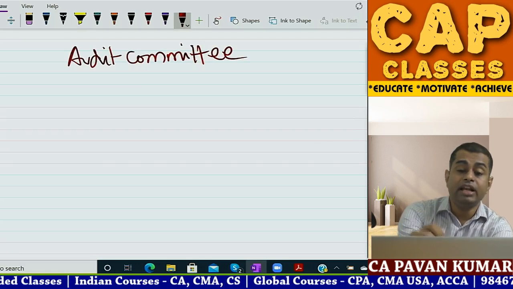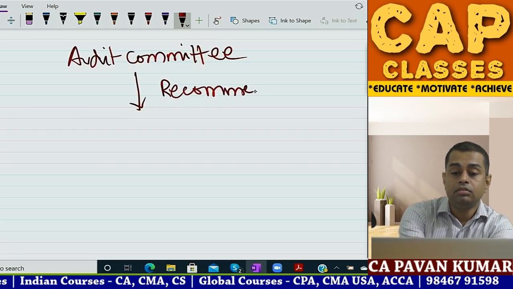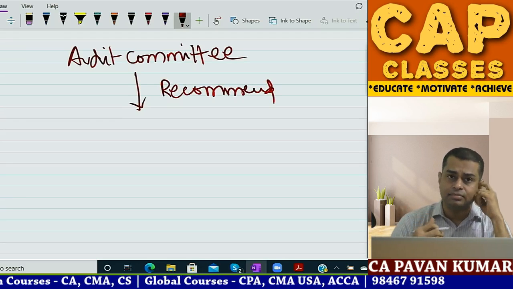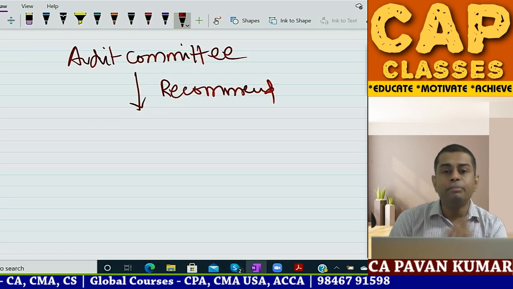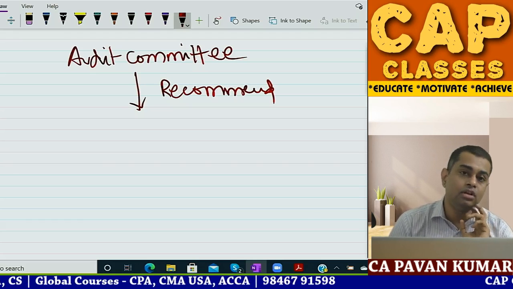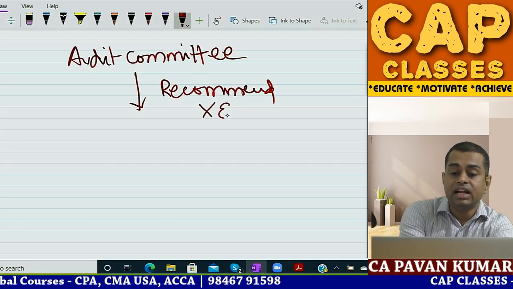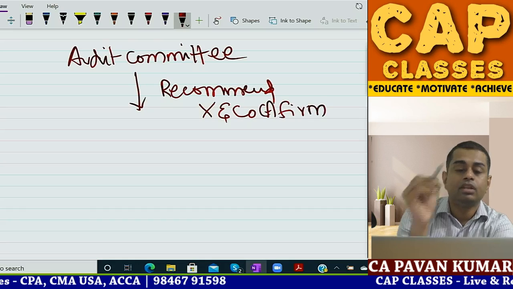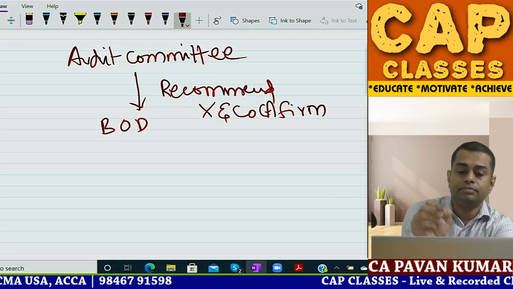So there is a company like Infosys or TCS, who will recommend to appoint X-End company to be the auditor. The first initiation will be by the audit committee. The audit committee will recommend, hey, consider X-End company, chartered accountants firm, for appointment of statutory auditor. This recommendation they will give to the board of directors.